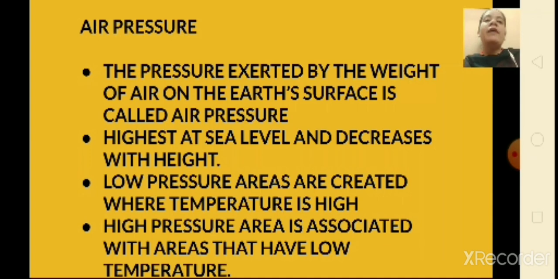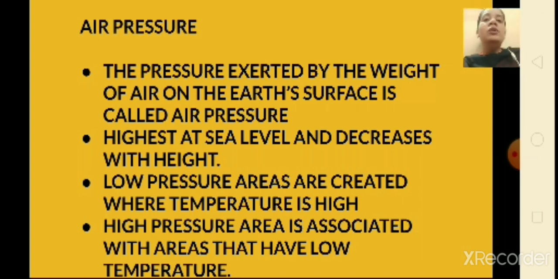Horizontal distribution of air pressure is influenced by temperature. As the temperature becomes high, air gets heated and rises. This creates low pressure areas and it is associated with cloudy skies and wet weather.